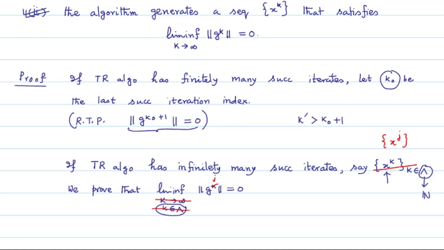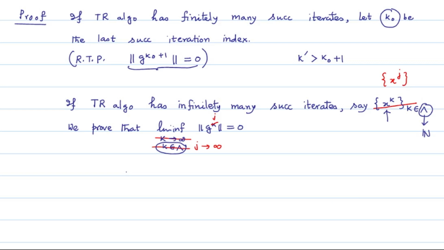By j we mean a general index for the successful iterates. As we have used k for any general iterate, we have used here j for referring to a successful iterate. So let us try to prove it. We shall prove this result by the method of contradiction.